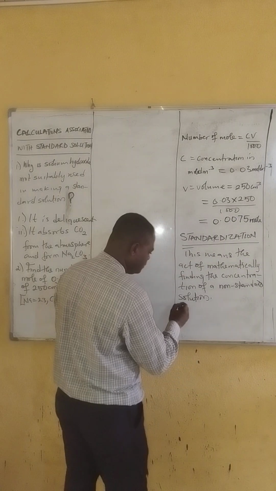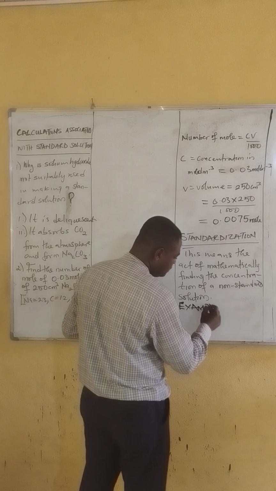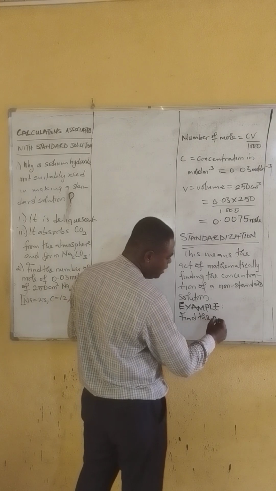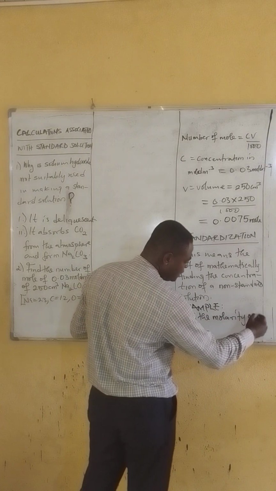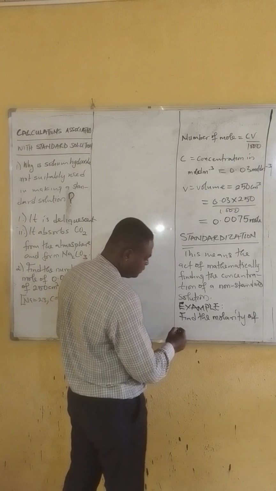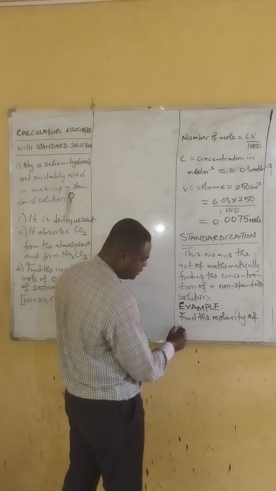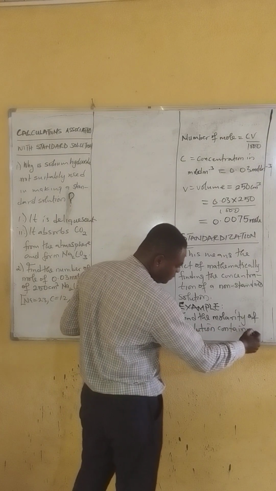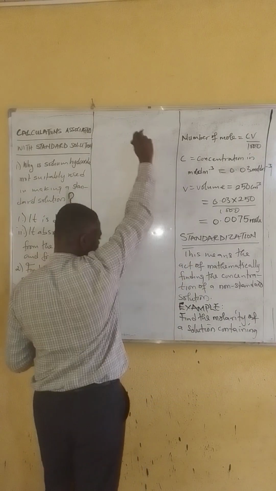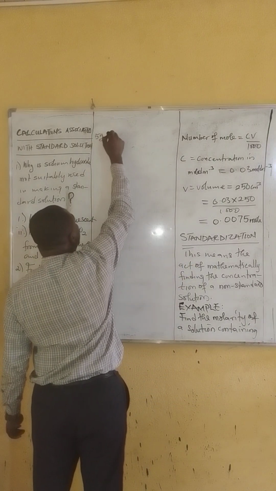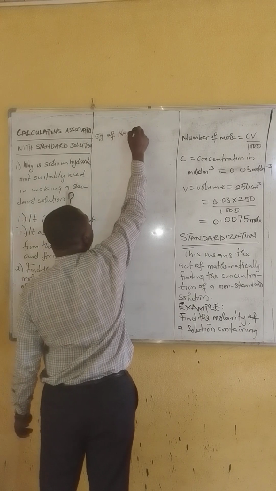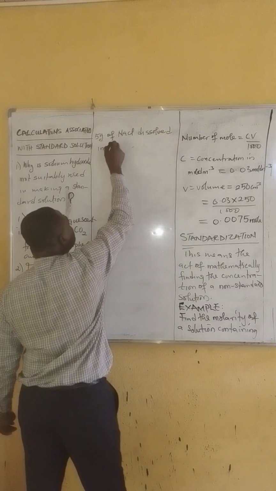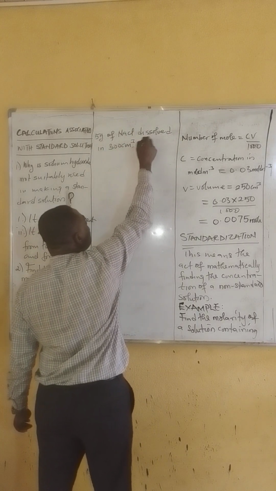Example. You can say, find the molarity of a solution containing 5 grams of NaCl dissolved in 300 cm3 of the solution.